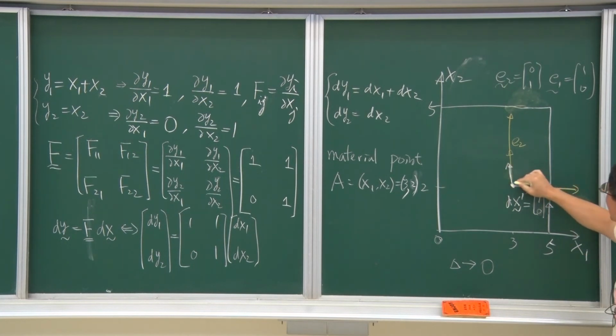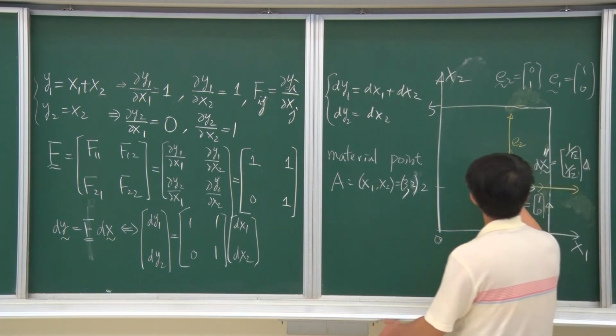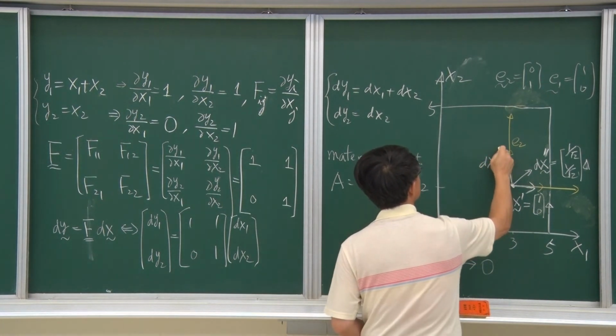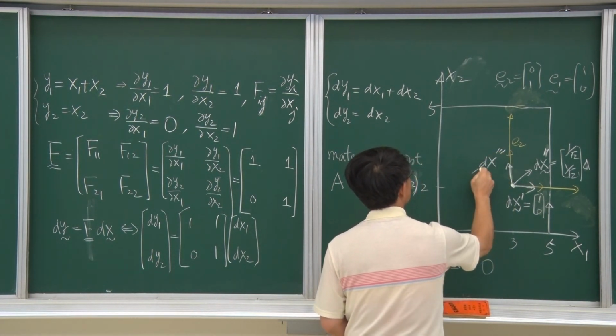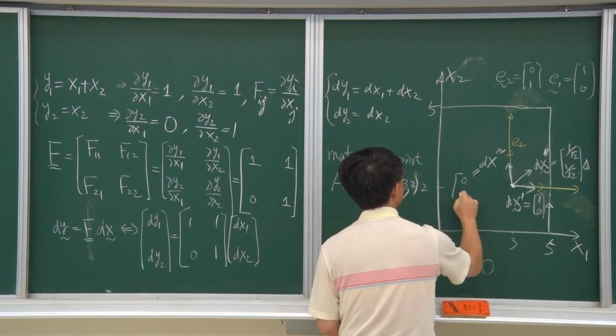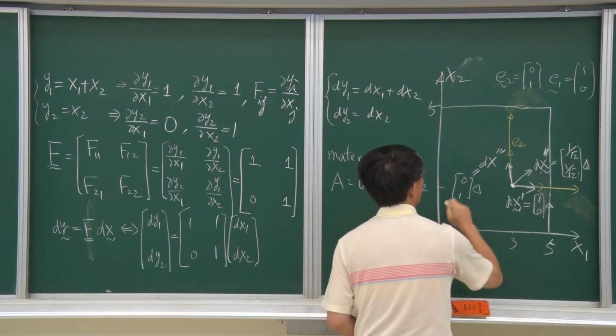Here, dx double prime, another material line, is 1 over square root 2 delta. And this one, dx triple prime, is equal to 0, 1 delta.